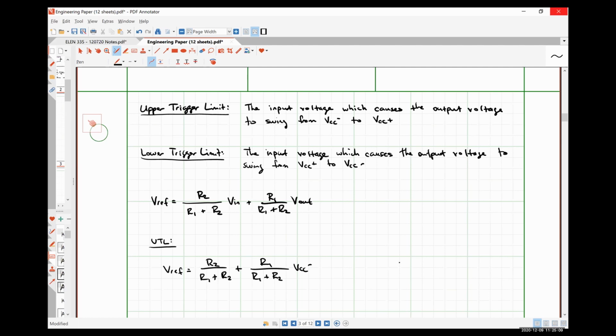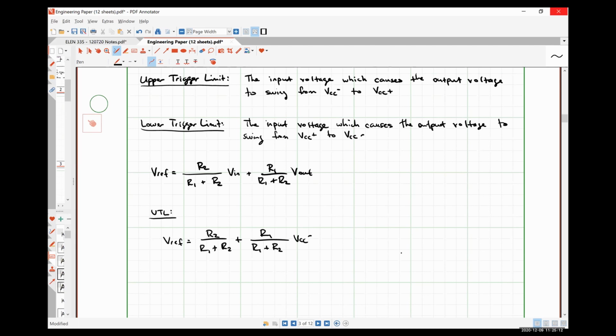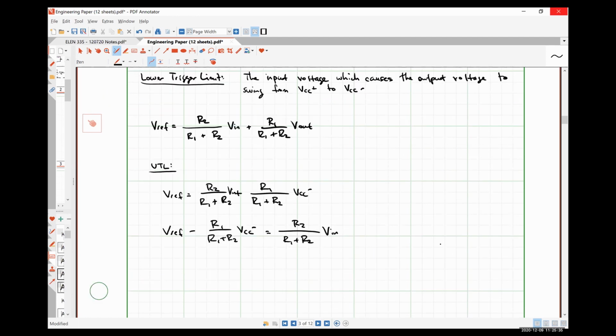So we can rearrange this. Oh, sorry, there should be a Vin right here. So we would have Vref minus R1 over R1 plus R2 VCC minus is equal to R2 over R1 plus R2 times Vin.